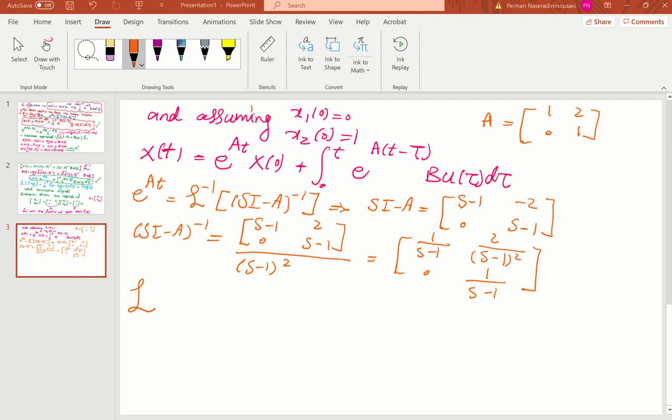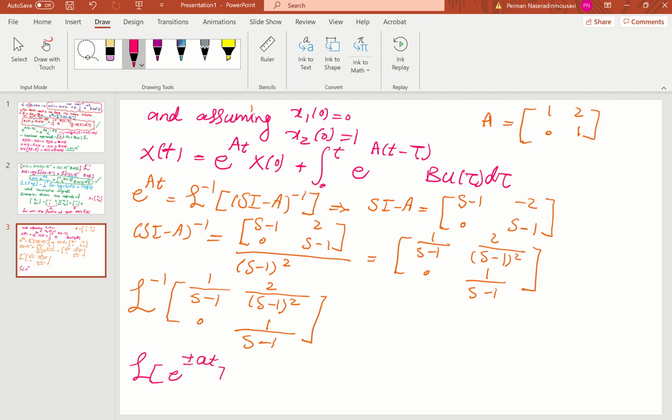So what we're going to do is find the Laplace inverse of [1/(s minus 1), 2/(s minus 1)^2; 0, 1/(s minus 1)]. And you remember from undergraduate control that the Laplace of e^(plus or minus at) is 1/(s minus or plus a). So here it is minus, so this is going to be plus.